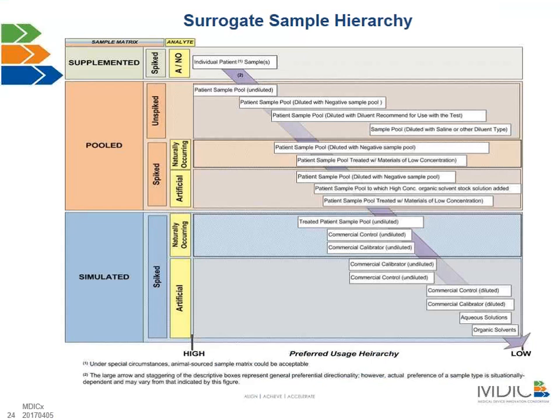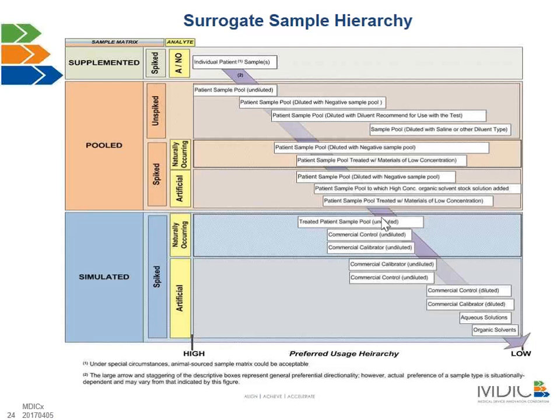Sure. So again, as noted, the hierarchy is presented in a format that includes both matrix and analyte. It recognizes that samples may be spiked or not spiked. The large arrow within the framework is intended to demonstrate the staggering of the boxes, and it represents a general preferential.